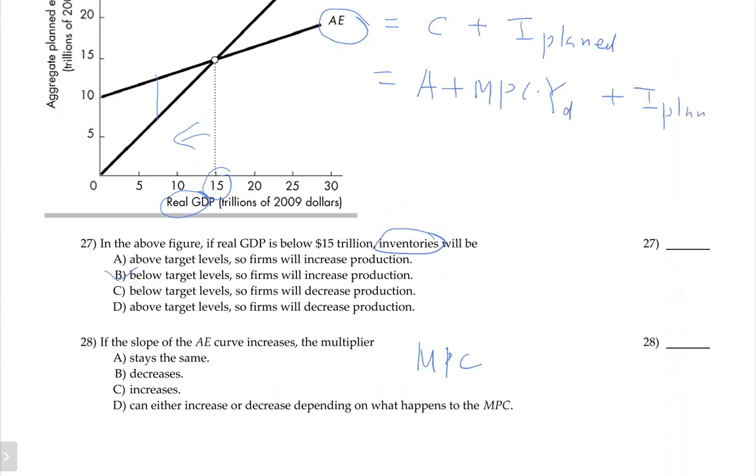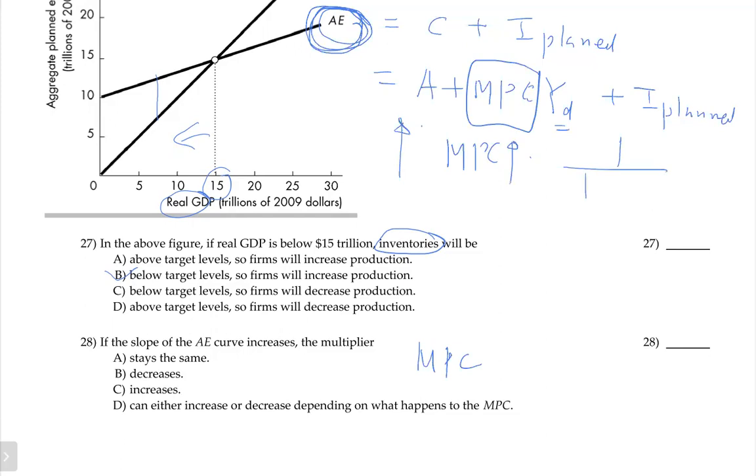I planned is fixed with Y. So clearly you can see the slope of aggregate expenditure is given by this term, MPC. Right? So if the slope of this aggregate expenditure increases, meaning MPC increases, so multiplier equals 1 over 1 minus MPC. So this is going to increase. Okay, so 28 answer is C.